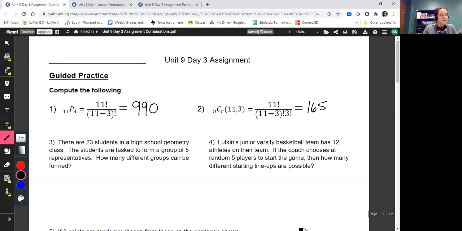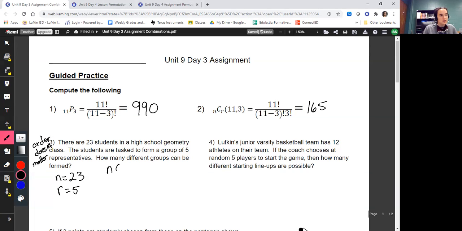The next one, there are 23 students in a high school geometry class. The students are tasked to form a group of 5 representatives. How many different groups can be formed? So these are just groups, so order doesn't matter, which means that we're using a combination. We need to find our total, which is 23, and how many we're choosing, which is 5.